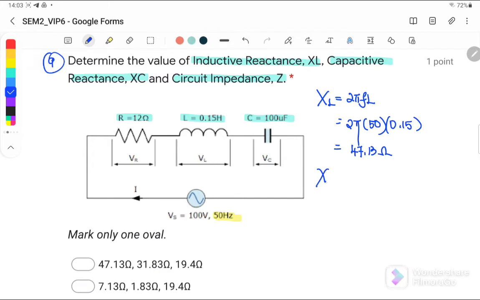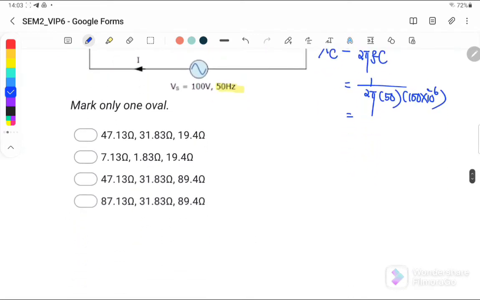Next XC. XC is equal to 1 over omega C, or 1 over 2 pi FC. So I substitute in 2 pi, F is 50, C is the capacitor, 100 microfarad. Therefore, if you press the calculator, the answer that we will get for the capacitive reactance is 31.83 ohm.